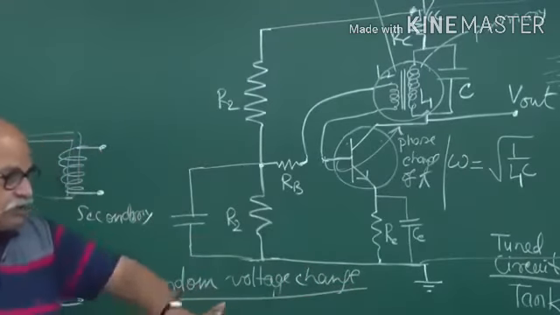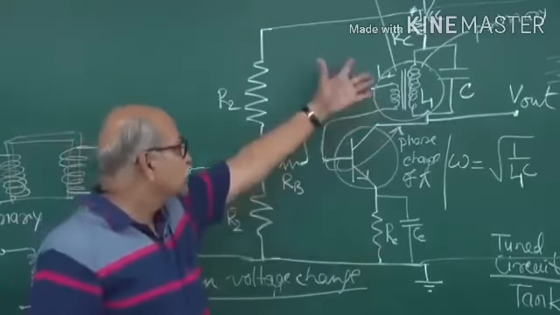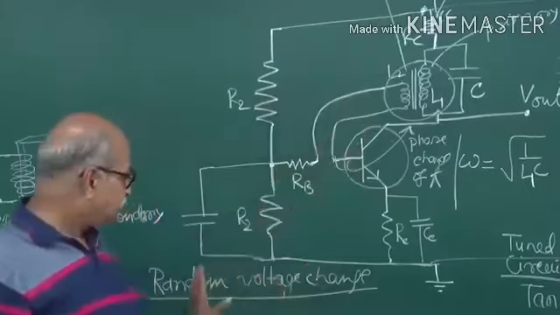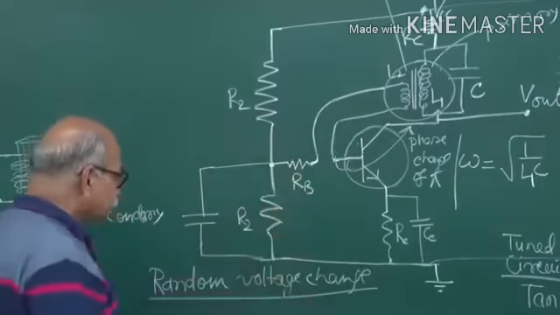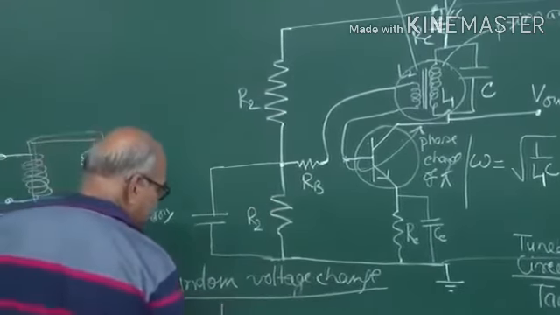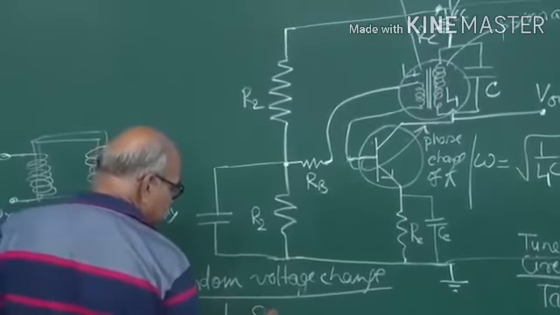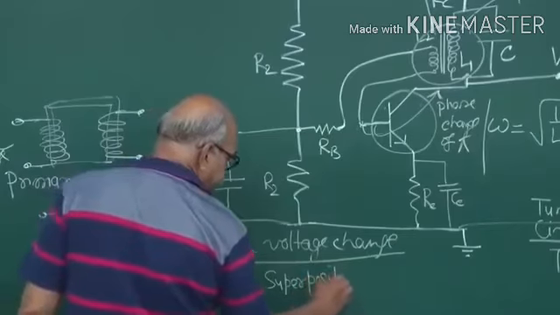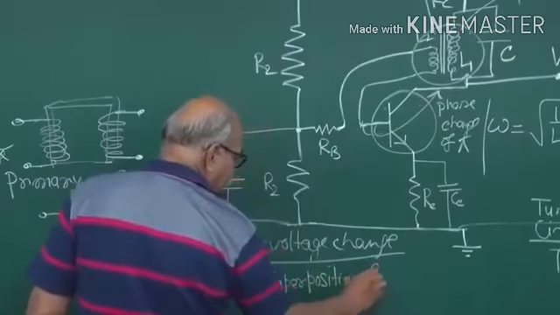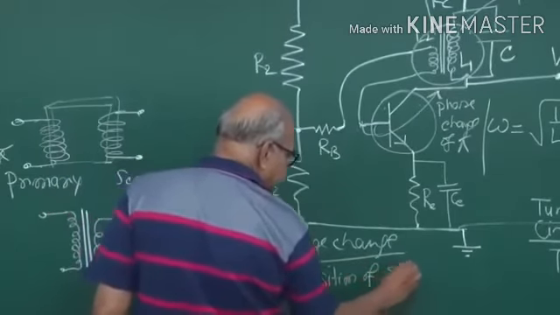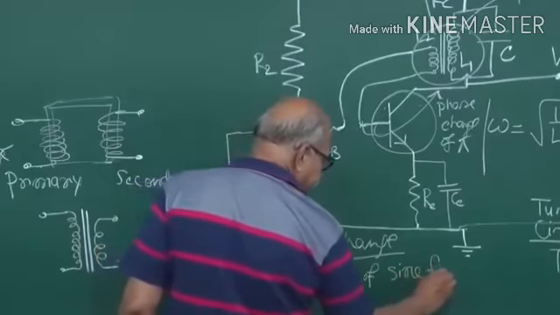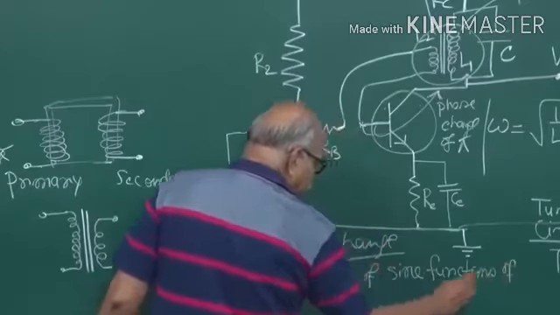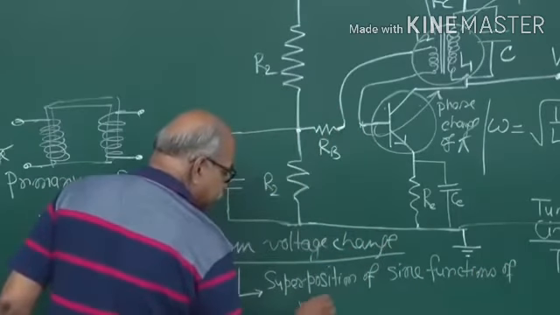When you switch on, the current starts and something is amplified, some voltage goes there. That is some kind of random voltage change, and you can understand it as a superposition of sine functions of various frequencies.